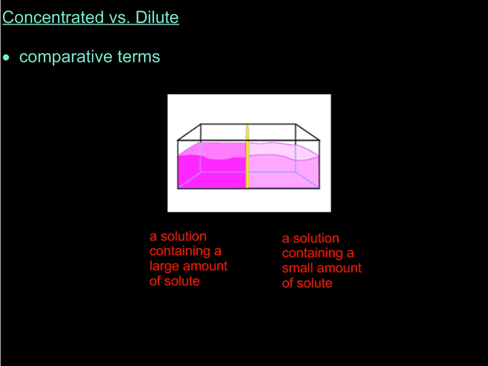If you wanted to take this dilute solution and make it more concentrated, you could do two things here. You could add solute to it, or you could let the solvent evaporate. That way the solvent would evaporate, but the solute would stay behind and it would become more concentrated. So bottom line here is that concentrated and dilute are comparative terms.